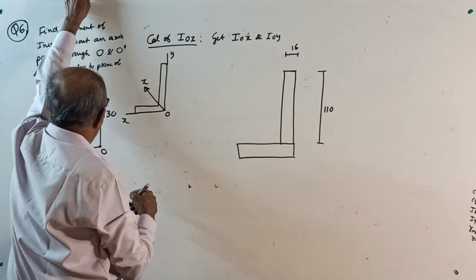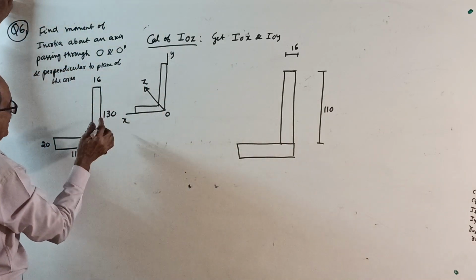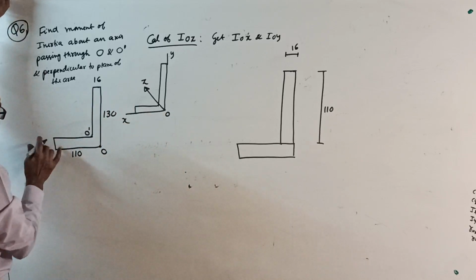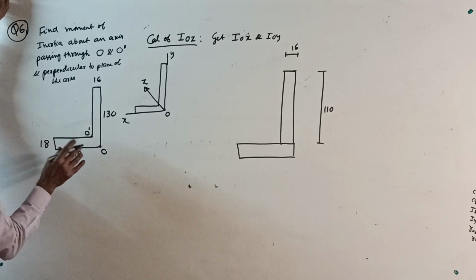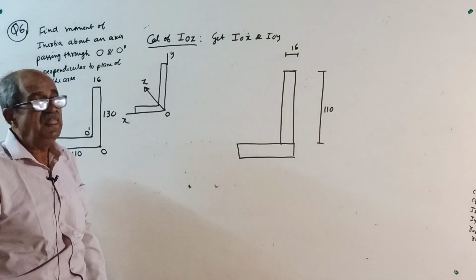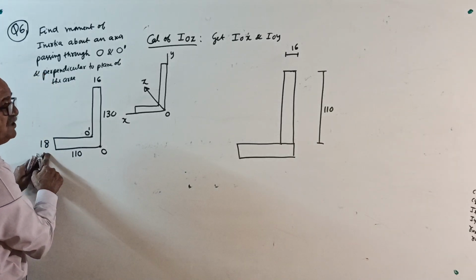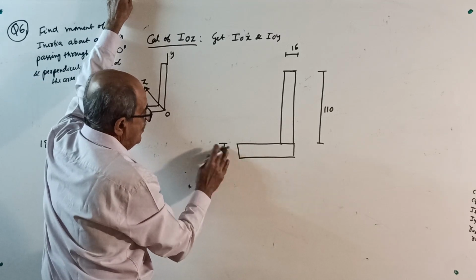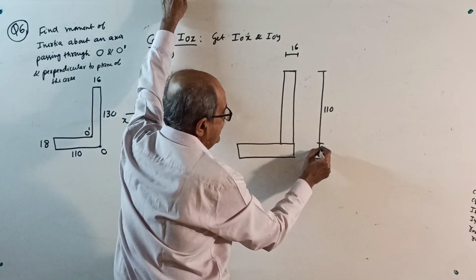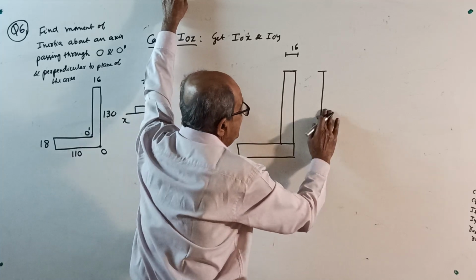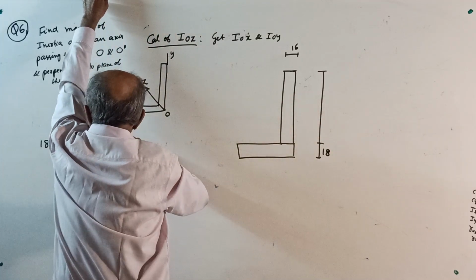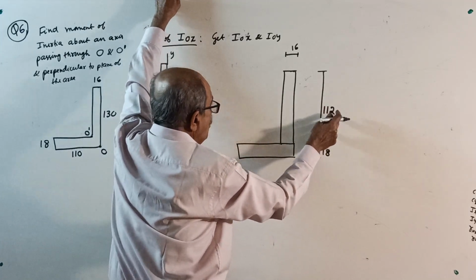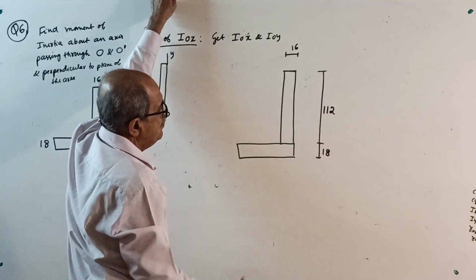Both are 110, so do one thing, change the question: the thickness of 20, you change over to 18. So this is 18. Mark here. From 130 subtract 18, 112. I do not want the same number, 112 and 18.